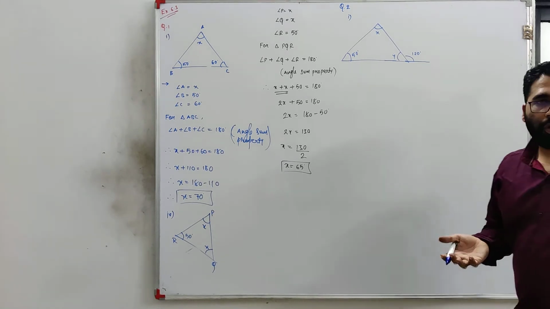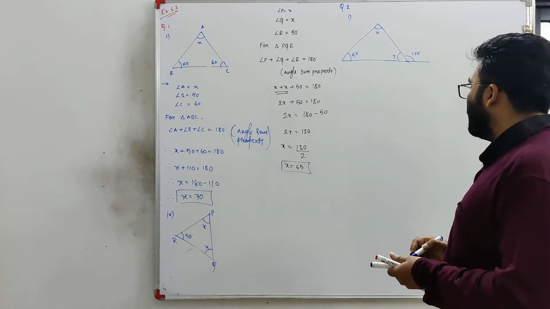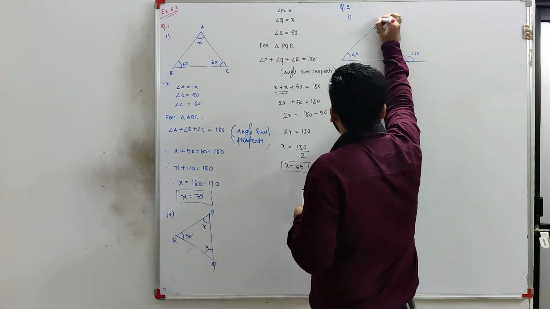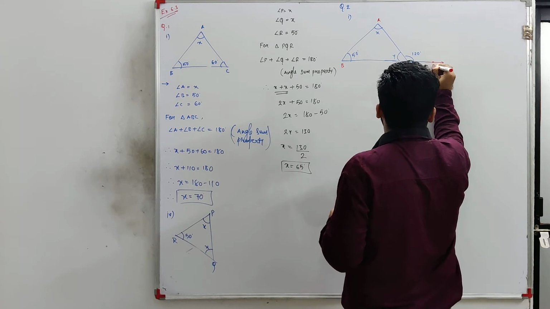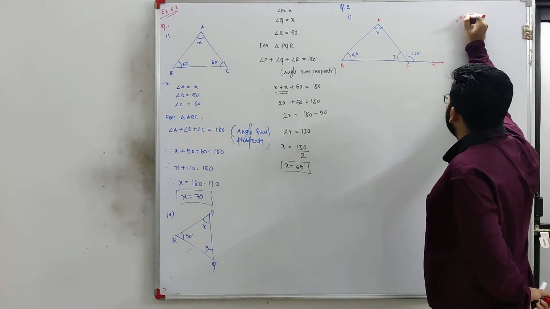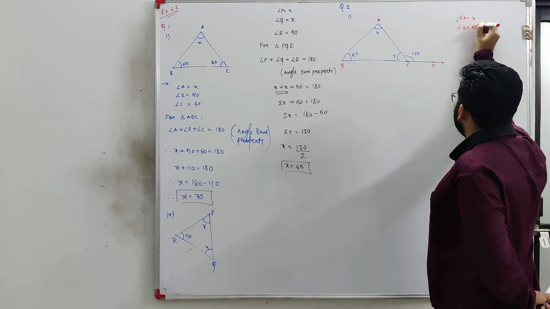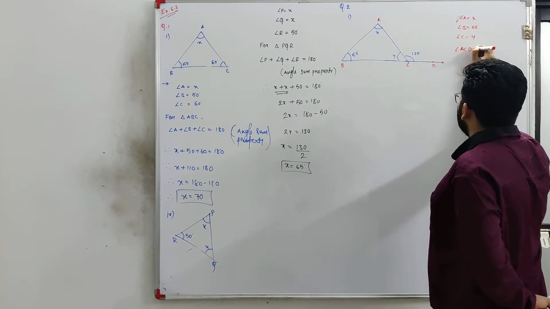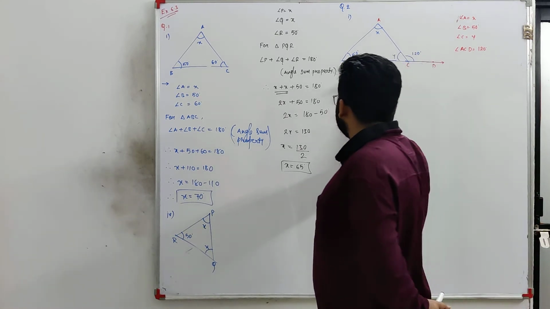Now I can use all the concepts that I have previously learned in this question. Let me see how to solve. Here I am mentioning everything: A, B, C, and this one is D. What is given? Angle A is equal to x, angle B is equal to 50 degrees, angle C is equal to y, and angle ACD is equal to 120 degrees.